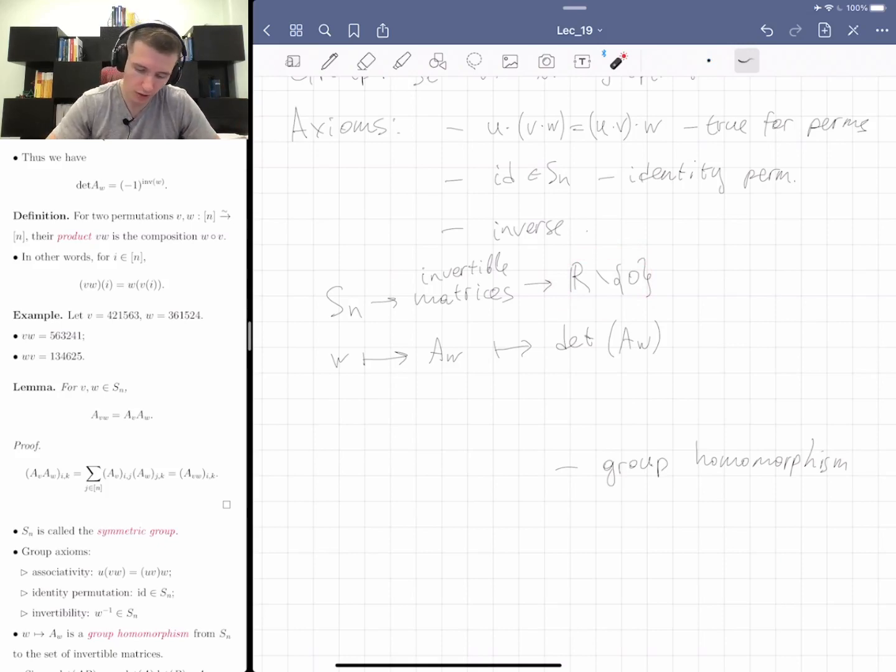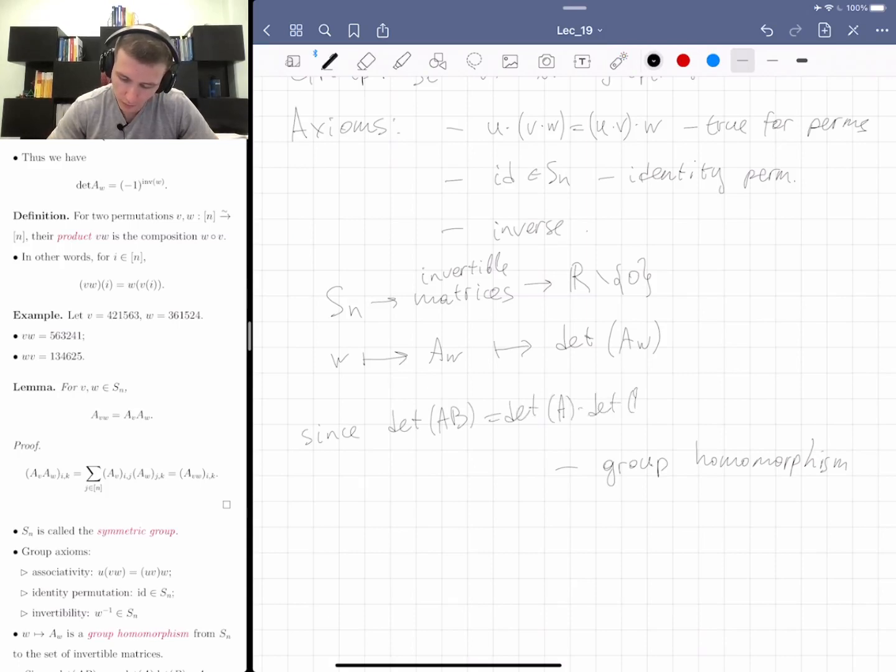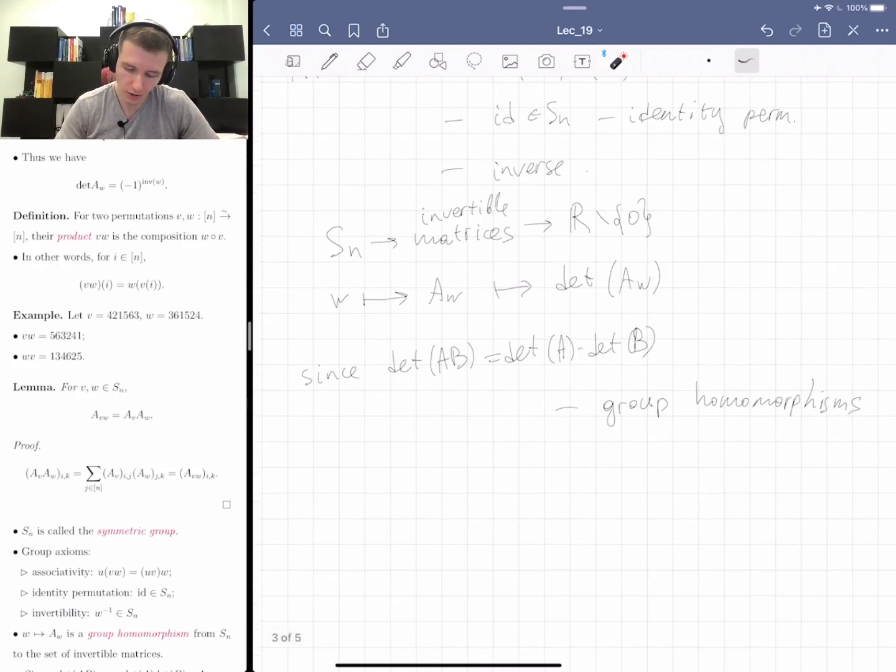Since the determinant of AB is equal to the determinant of A times the determinant of B, that's from linear algebra, the other name for this property is that determinant is a group homomorphism. Where am I going with this?